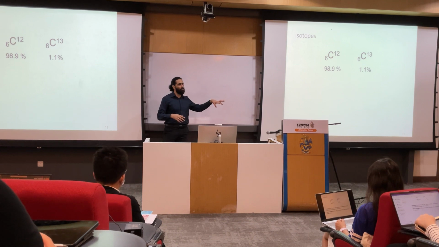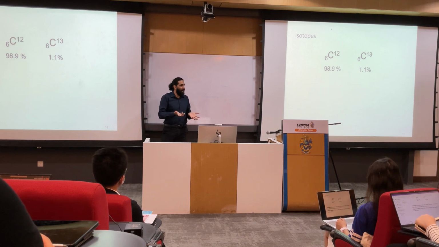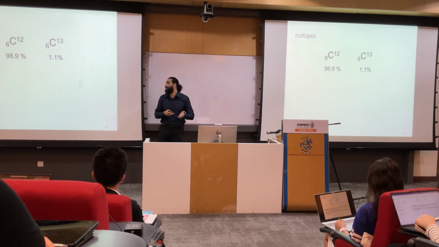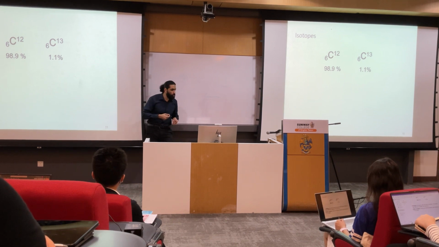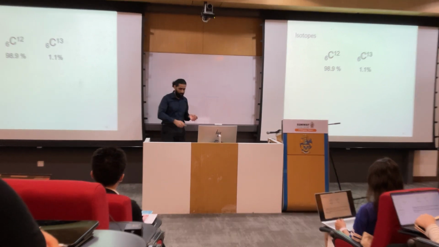So: same atomic number, different mass number, or same number of electrons and protons but different number of neutrons. Since we are dealing mainly with carbon, the common isotopes of carbon are C12 and C13. C12 is at 99% abundance, and C13 is at about 1% abundance. Yeah?